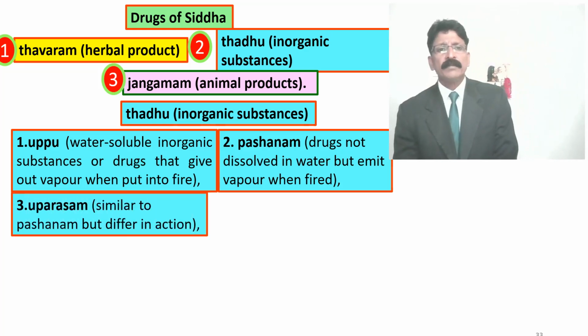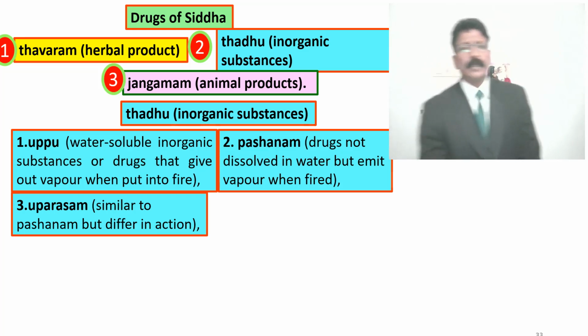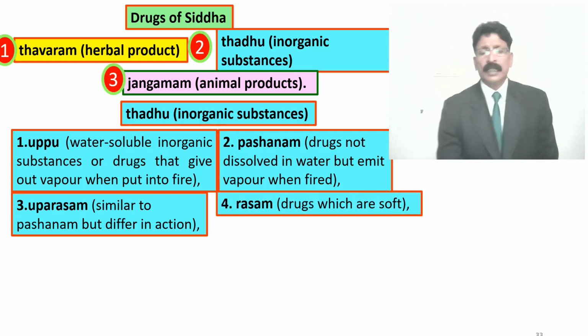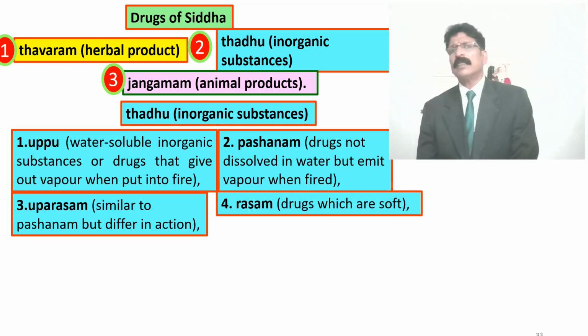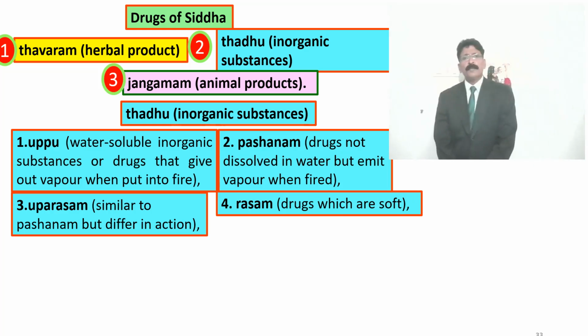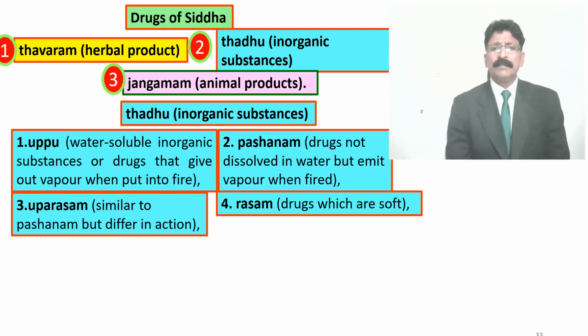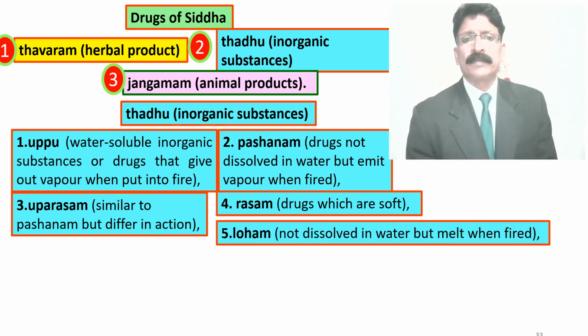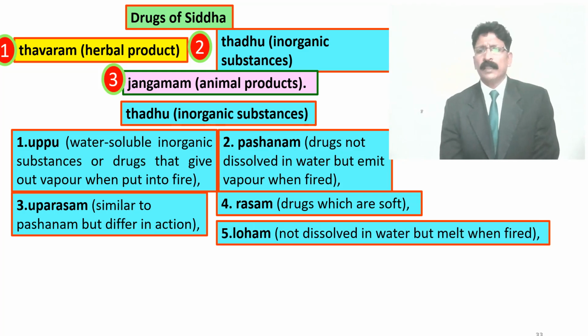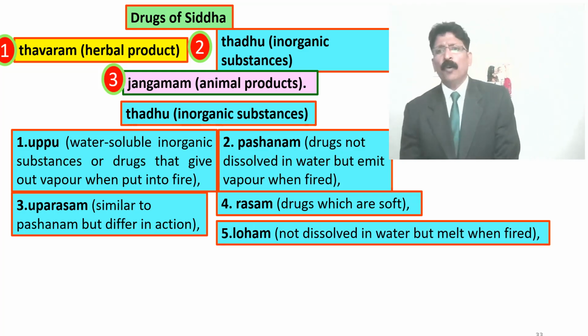Upparasam, similar to Pashanam but differing in action. Rasam, drugs which are soft. So Uppu, Pashanam, Upparasam and Rasam. And number 5, Logam, not dissolved in water but melts with fire.